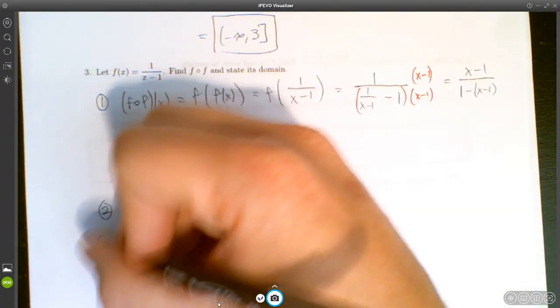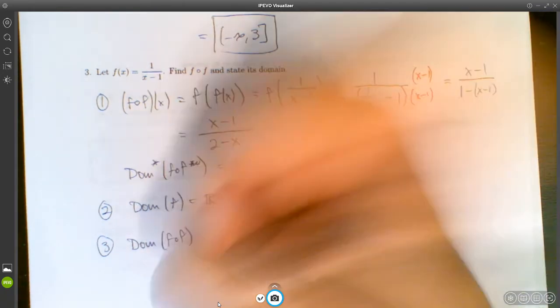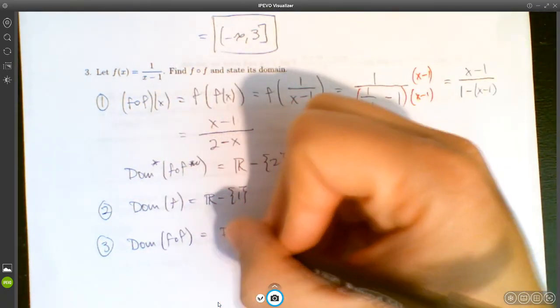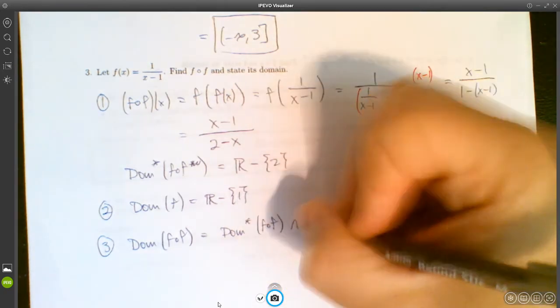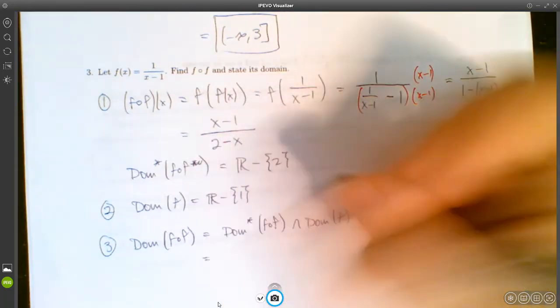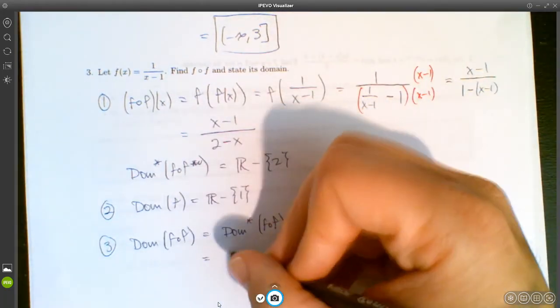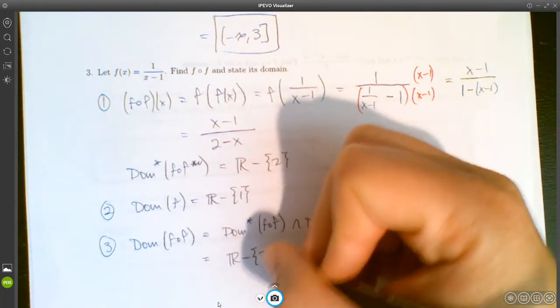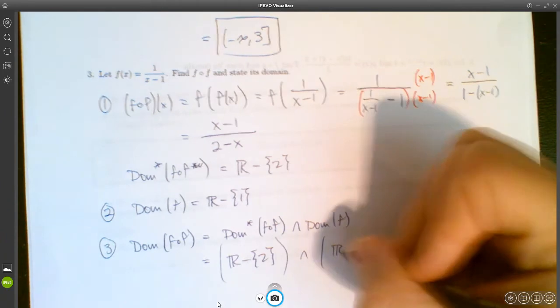So then step 3, the domain of f∘g is the domain star intersect with the domain of f. In other words, it's step 1 intersect step 2, right? So it's R minus 2 intersect R minus 3.